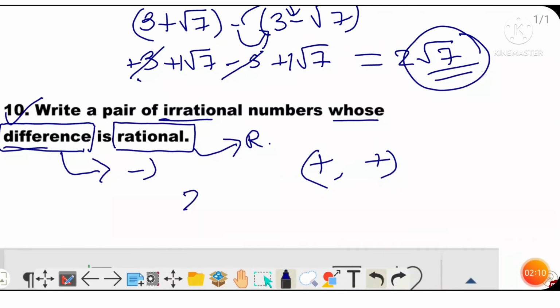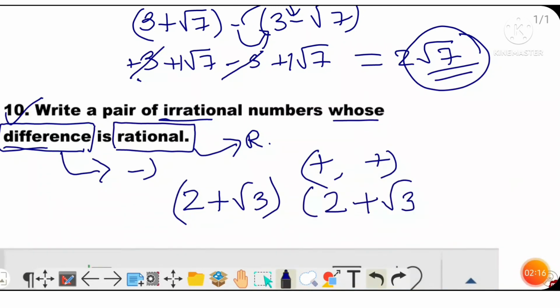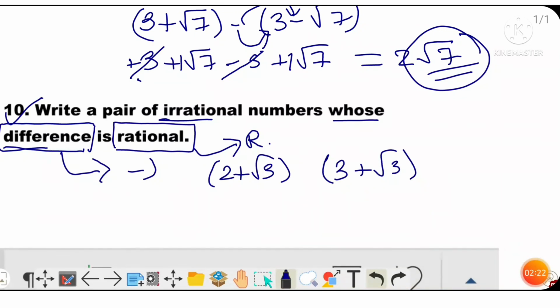So let's take any number like 2 plus root 3 and 2 plus root 3. You can take the same number, or you can take any other number. Suppose we take it as 3. So you have to find the difference. That means you have to subtract 2 plus root 3. Now minus will change the sign.